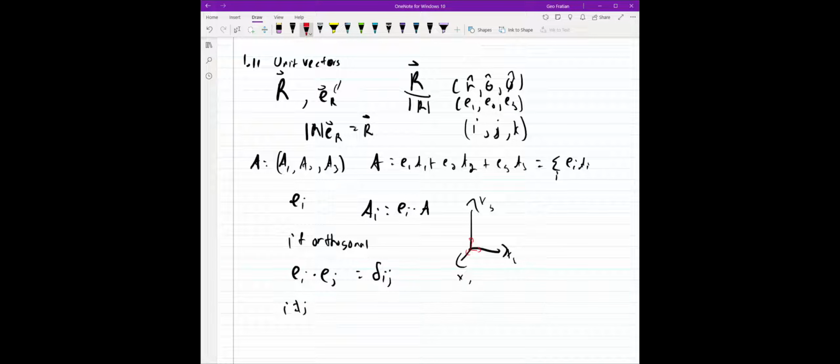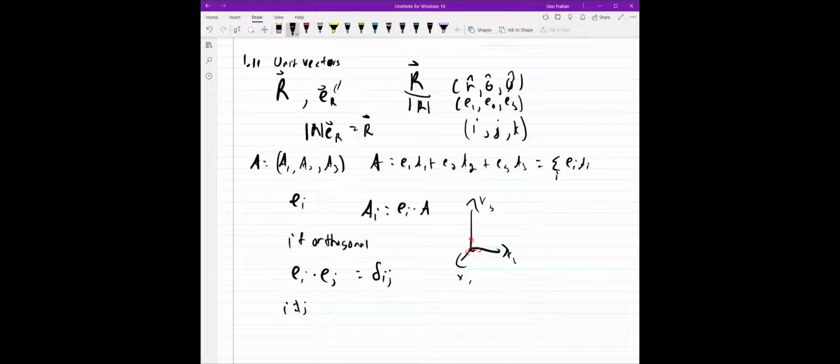These are my e vectors or whatever. Well, if I do a dot product of these two, which kind of tells you how much of your vector is projected onto the other vector, if they're at 90 degrees, cosine of 90 is 0, so you just get 0. So that's what the Kronecker delta kind of tells you.